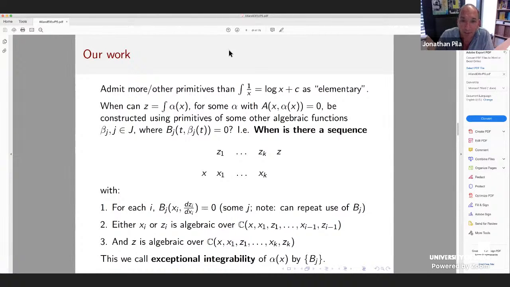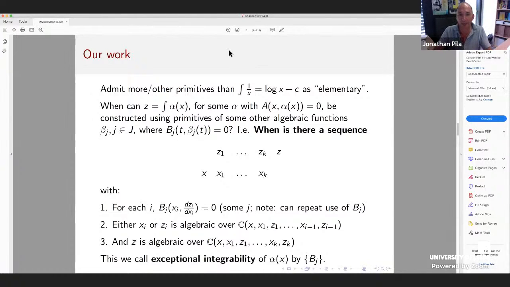When is there a sequence of pairs of functions x_i and z_i such that for each i, dz_i/dx_i is an algebraic function of x_i, one of those defined by one of the capital B_j's, and that either x_i or z_i is algebraic over previous things.